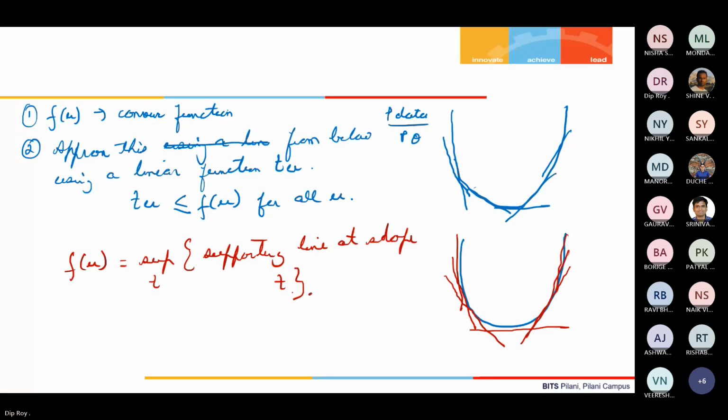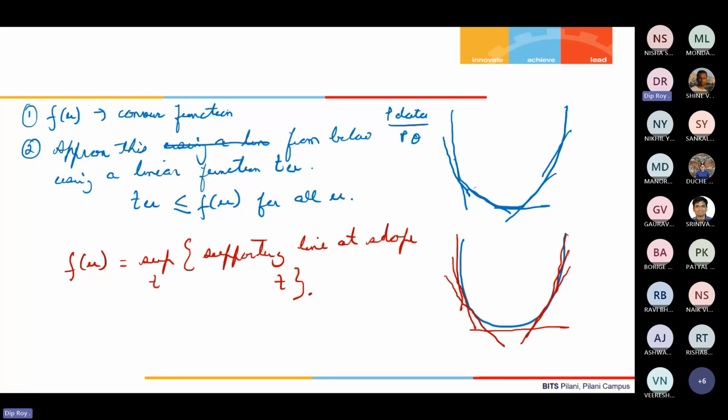Okay, t is the slope of the tangent line, and there are lots of different slopes available. What we are saying is this function f is the supremum of all the supporting lines at slope t.